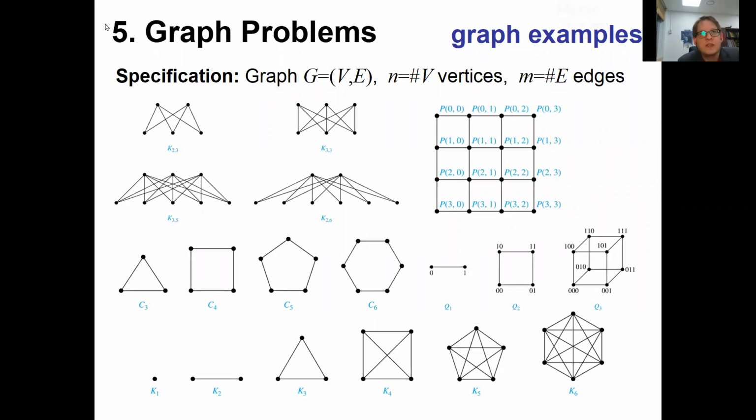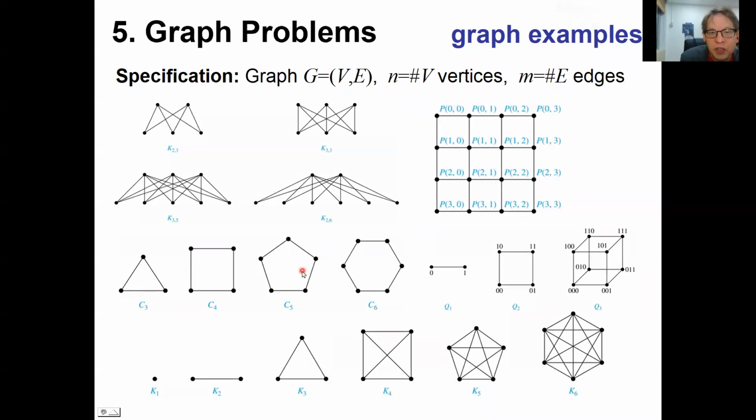The classes of graphs that comprise the quiz are among the following families that we've discussed in the previous lecture. The complete graphs you can see illustrated in the bottom of the screen. The first 6 complete graphs.